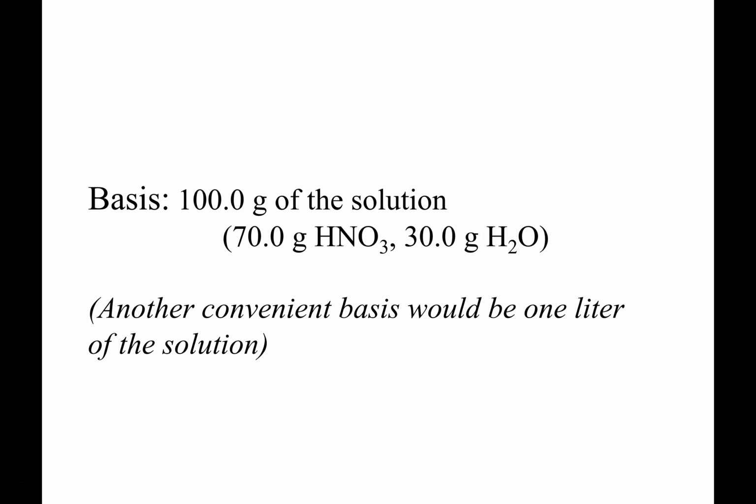So this slide right away says, well, if I have 100 grams of solution, then I know that I have 70.0 grams of HNO3, and the other component must be my 30.0 grams of H2O. And can you already kind of see where that's going to help us get down the road? I can go ahead and turn those into moles, and I can knock out this relative mole fraction.